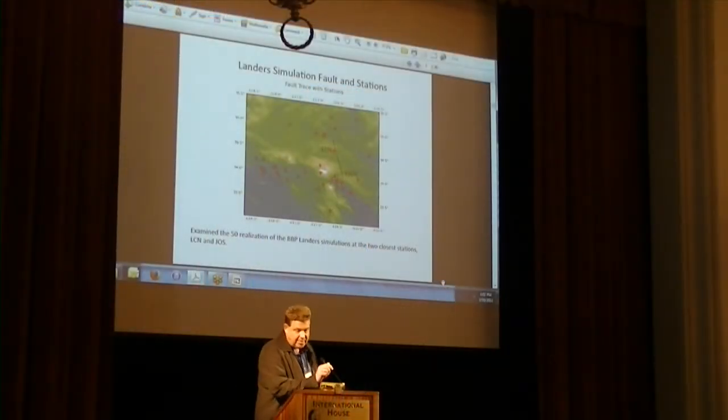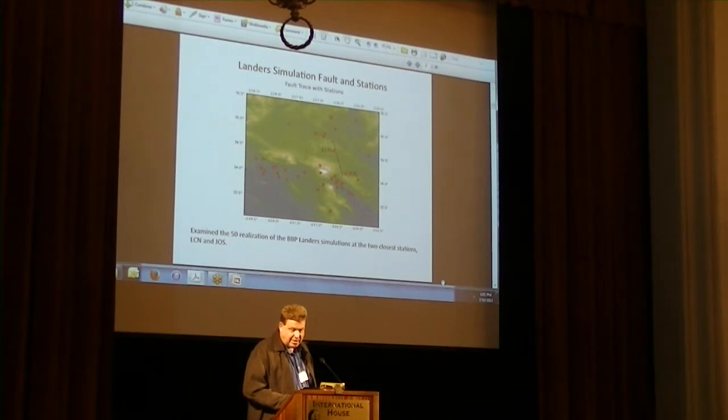To look at this issue, we went back to the broadband platform simulations and only looked at one event so far. The Landers simulation case, there are 50 realizations. This is showing the location of the Landers fault scenario, and there's the Lucerne station and the Joshua Tree station.